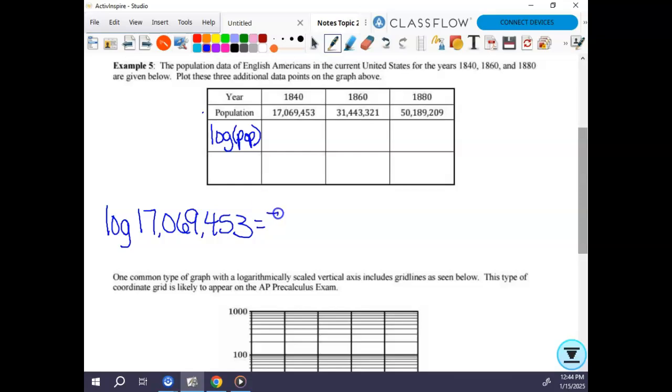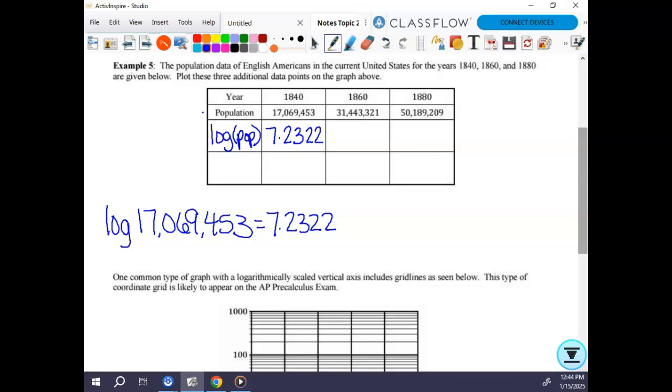That's going to give me 7.2322, except that I'm only giving you 4 decimal places after saying I was going to do 5, because that's what I had written down and I didn't redo it. But it's fine. So the log of that 17 million is 7.2322.